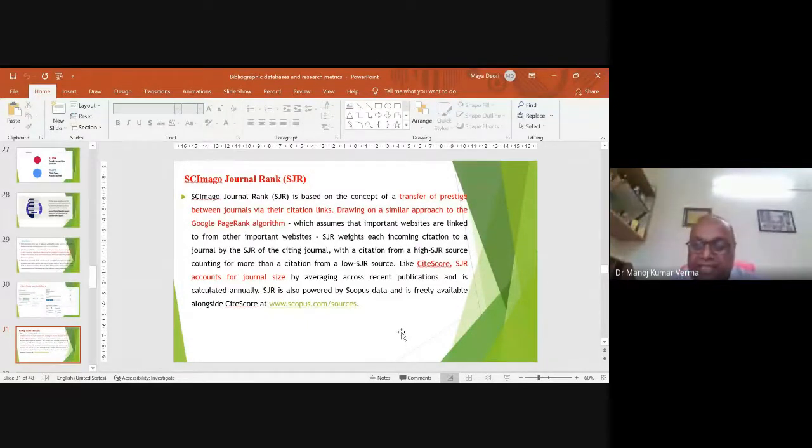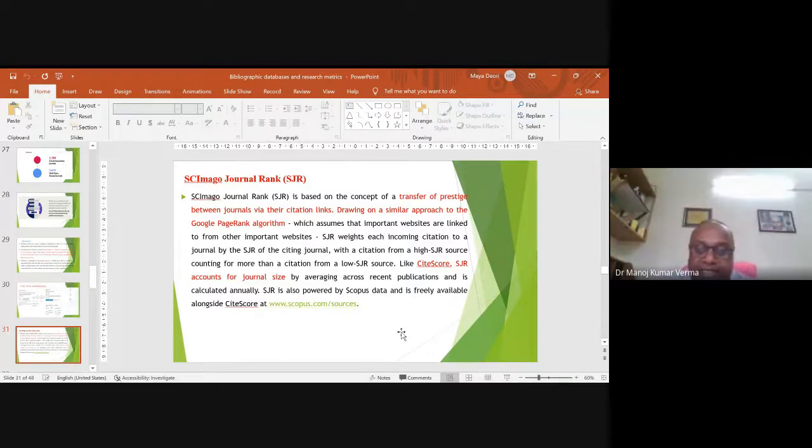SJR weights each incoming citation to the journal by the SJR of the citing journal, with a citation from a higher SJR source counting for more than a citation from a lower SJR source. Like CiteScore, SJR accounts for journal size by averaging across recent publications, and it is calculated annually. SJR is also powered by Scopus data and is freely available.